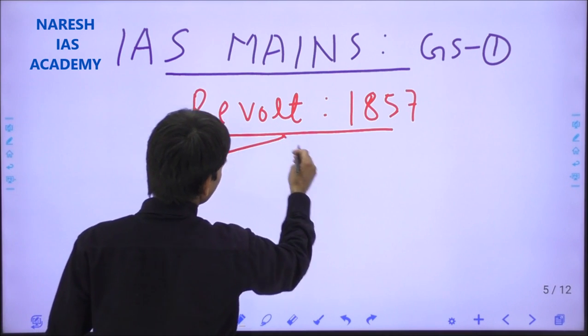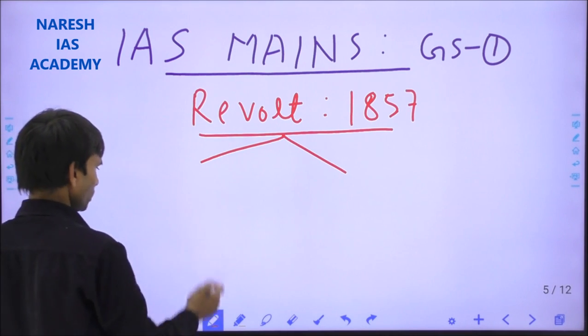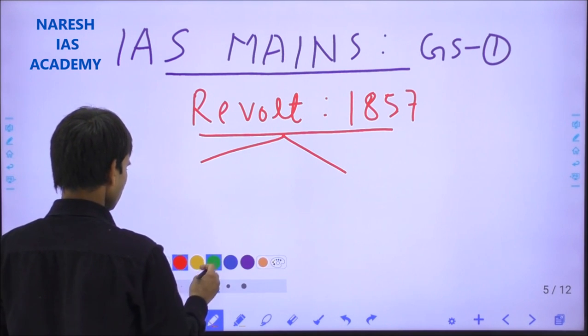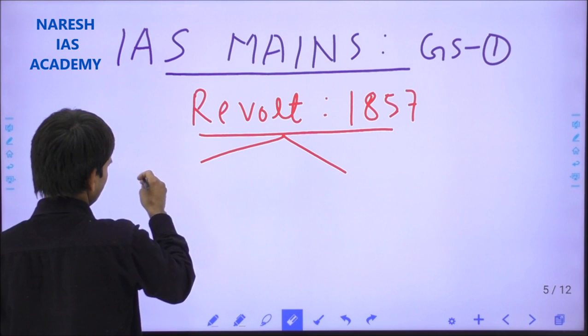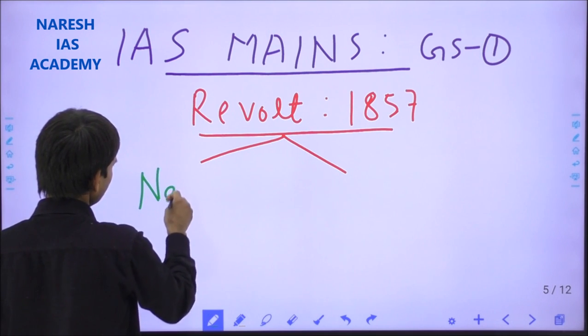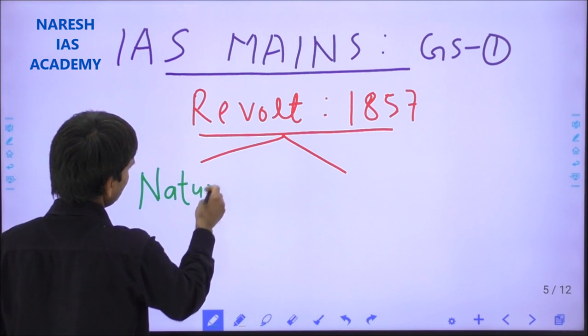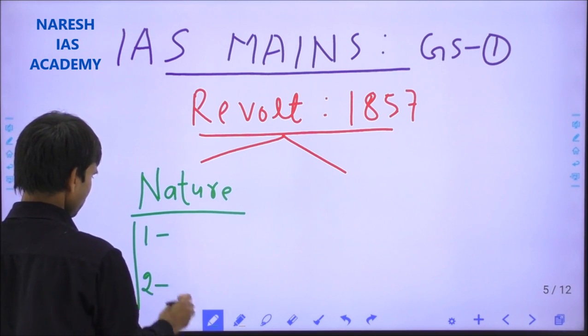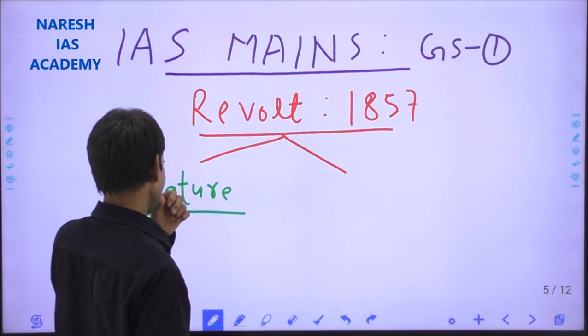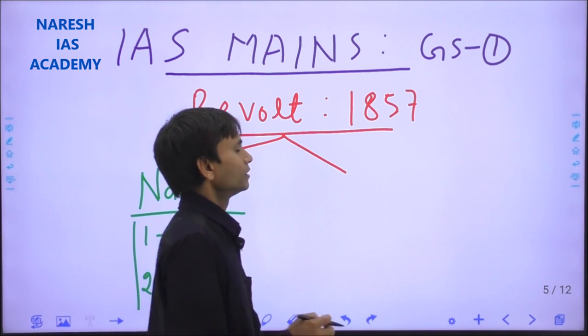We will try to understand two important dimensions. One is the nature of the revolt. Most questions have been asked by UPSC from this part, so it becomes important for us.